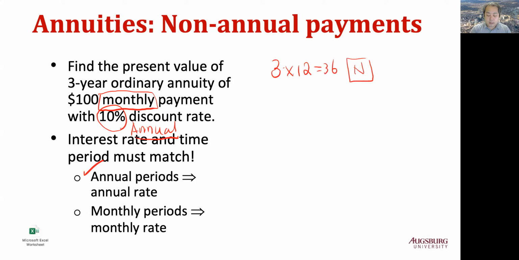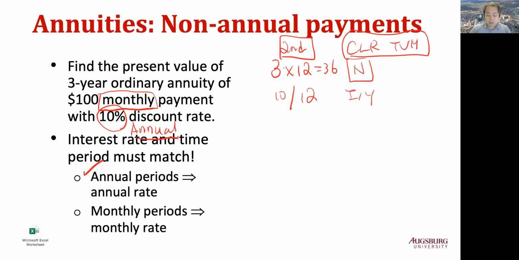And again, second, clear TVM first, all right? And 36 N. Interest rate is simply 10 divided by 12. 10 is the annual rate, divided by 12 gives the monthly interest rate. Payment is 100. So PMT 100. Future value 0.